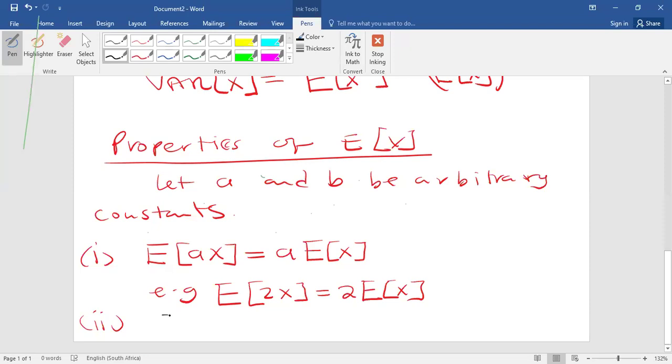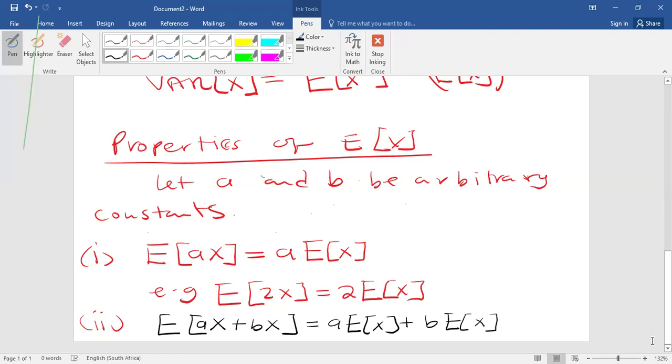Then the second property is, if you have the expected value of aX plus bX, with constants a and b like that, the property states that you can split these two and write it as a times the expected value of X plus b times the expected value of X. This is called the linear property.